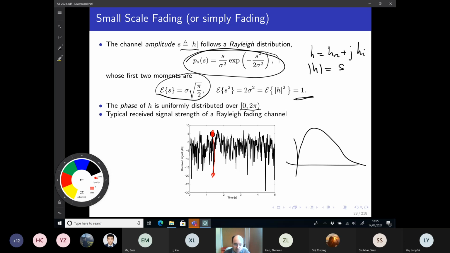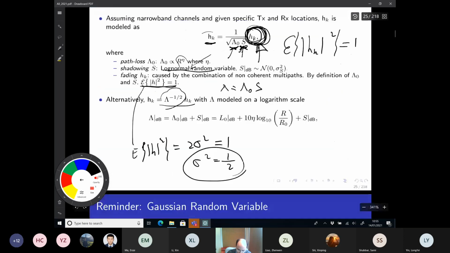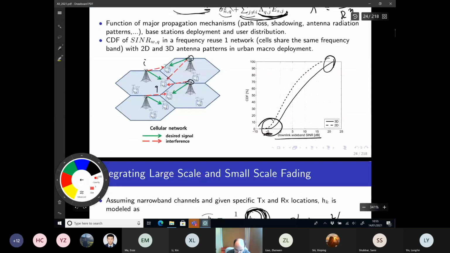And this is obviously a major problem. If you lose 25 dB, you can think about what happens. On average, at a certain distance, you may have a user at 10 dB, and it fluctuates around 10 dB, and suddenly you may lose a quite significant amount of power because of the small scale fading. So your instantaneous SNR may suddenly become very low.